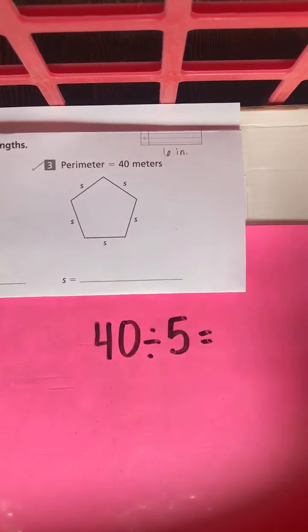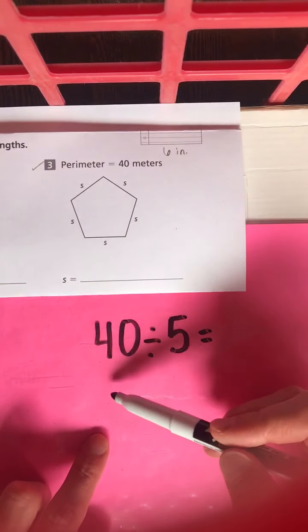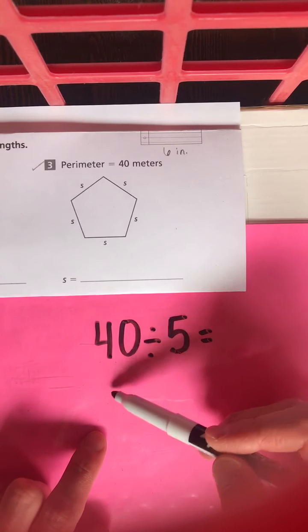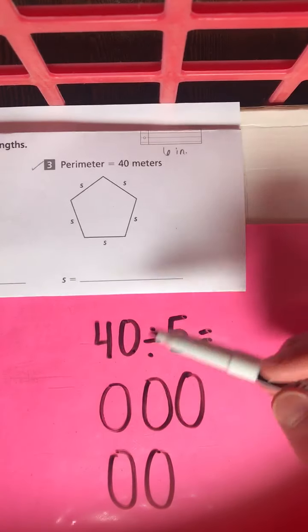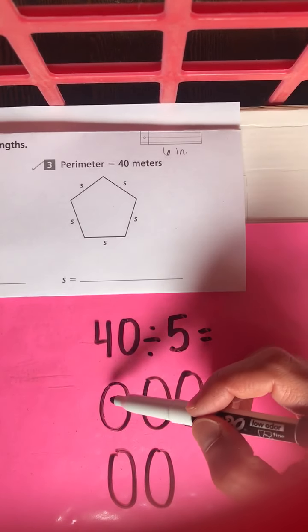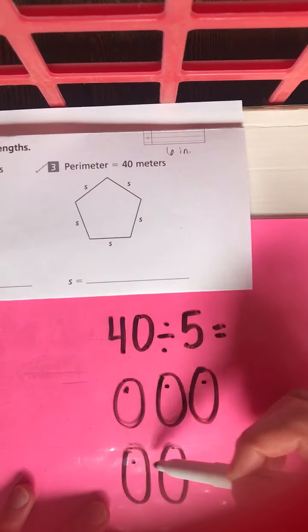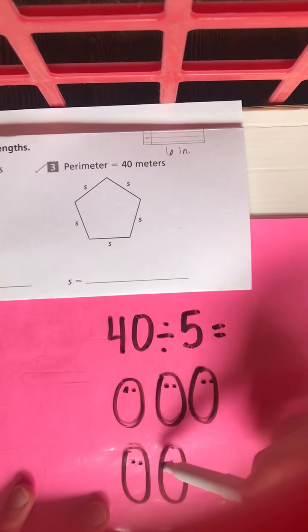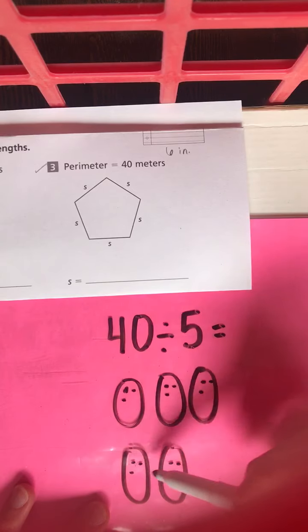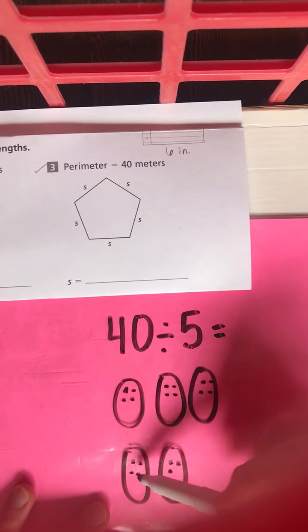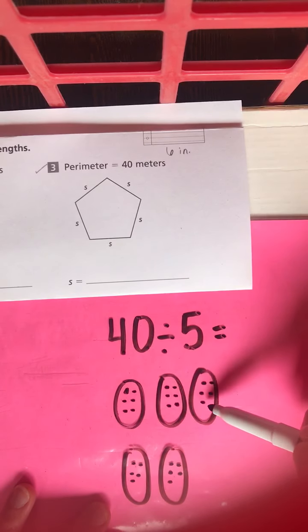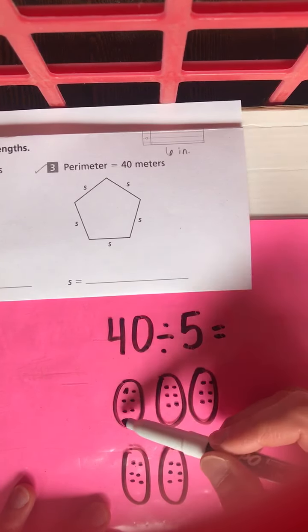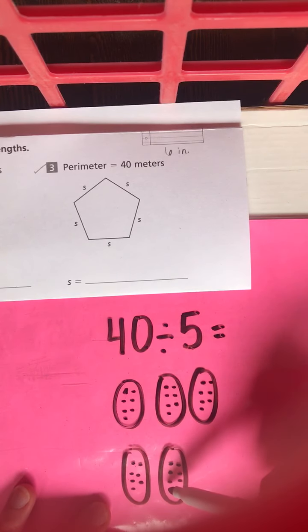So I would solve 40 divided by 5, okay, by taking my 5 groups, 1, 2, 3, 4, 5, and dividing my 40 fairly, right? So doing fair share. 1, 2, 3, 4, 5, 6, 7, 8, 9, 10, and so on up to 40.